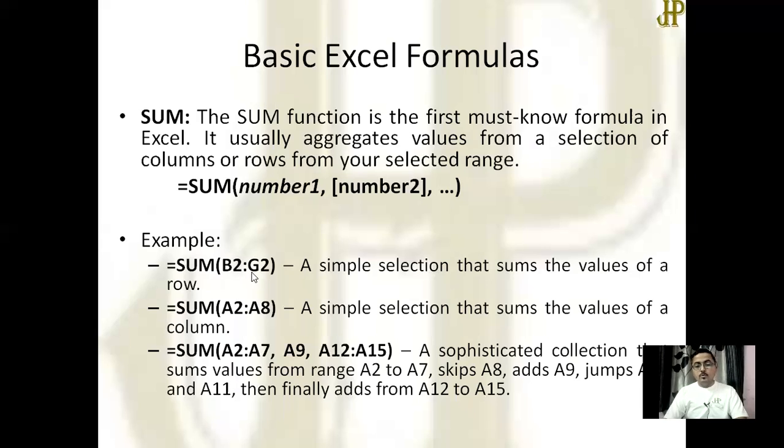For example, B2 to G2. Other than this, you can also skip some cells, and based on your requirement, you can do this by using commas. A2 to A7, comma, I have to leave out the cell A8, then A9, I have to include. After that, I have to leave out A10 and A11 cells. Then, how to do this? We can also use it like here.